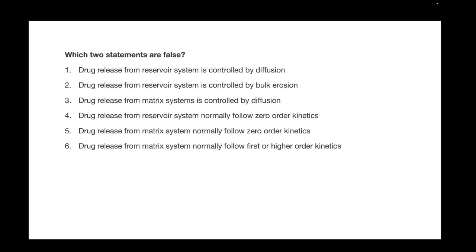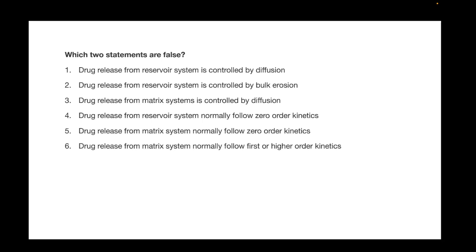In this question we have to select two false statements. Option 2, drug release from reservoir system is controlled by bulk erosion, is a false statement. Mostly these reservoir systems use a diffusion control membrane and not erosion to control the drug release.